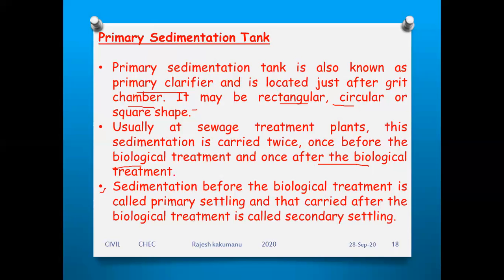Next, the sedimentation before the biological treatment is called primary settling. So edaithe sedimentation before biological treatment chestunnamo, we are calling them as primary settling, and the one carried out after biological treatment, we are calling as secondary treatment.